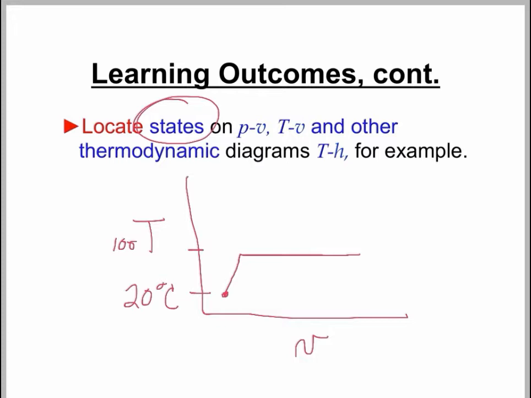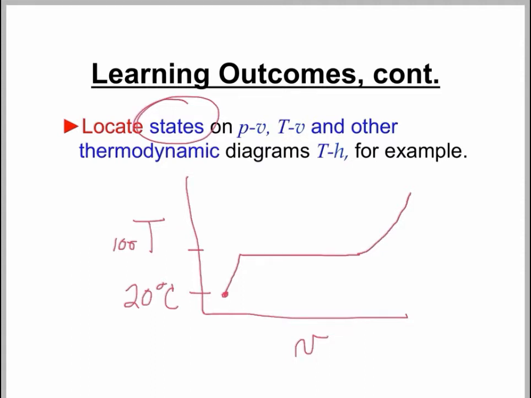That is, once you start boiling water, you can leave that pot of water boiling on the stove, and with the thermometer in there, it doesn't change. It just stays at 100 degrees until all the water is boiled away. After that, the specific volume can increase and the temperature can increase.